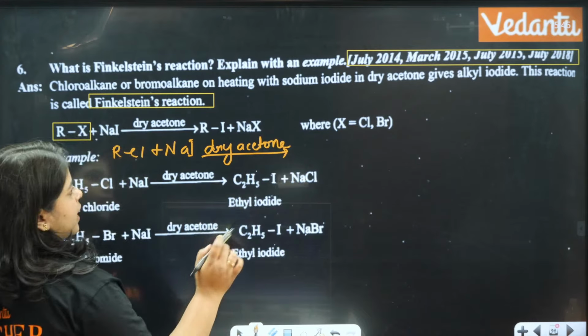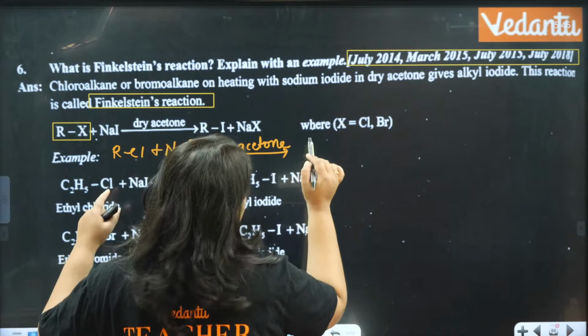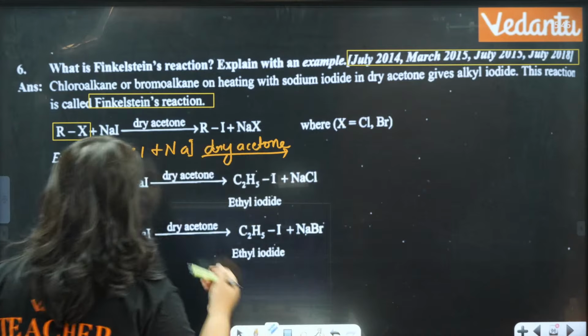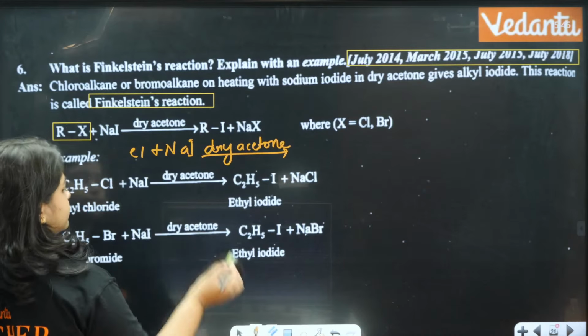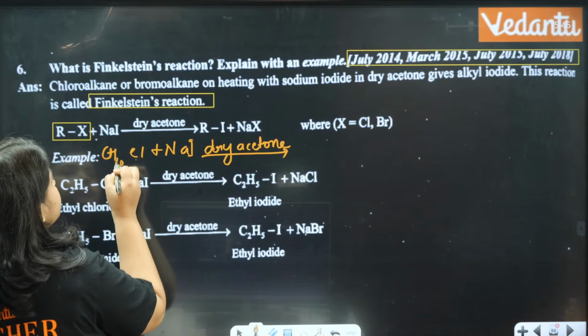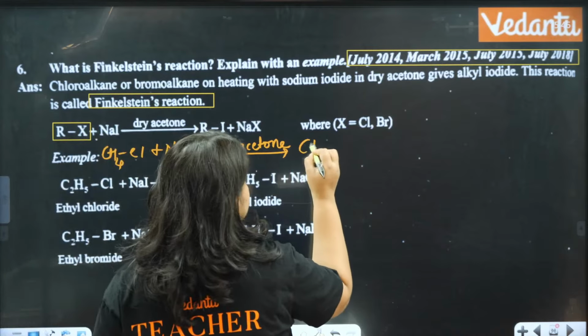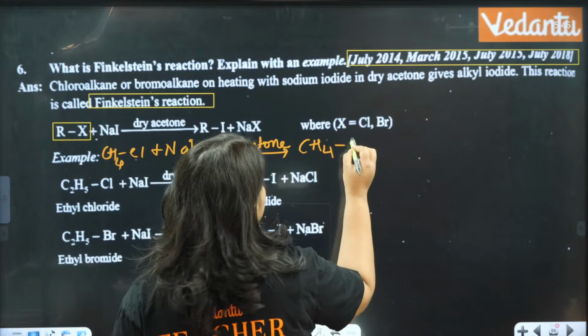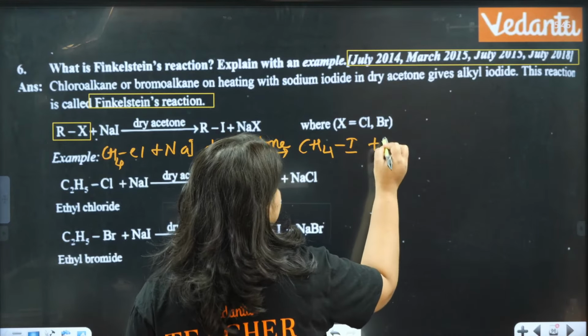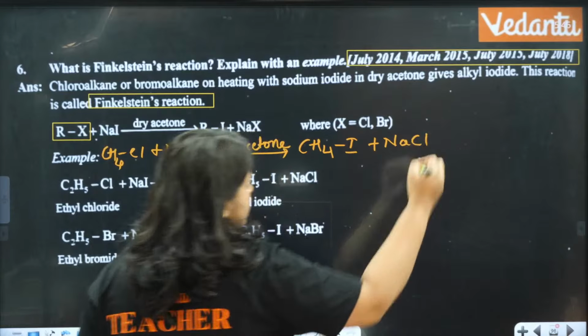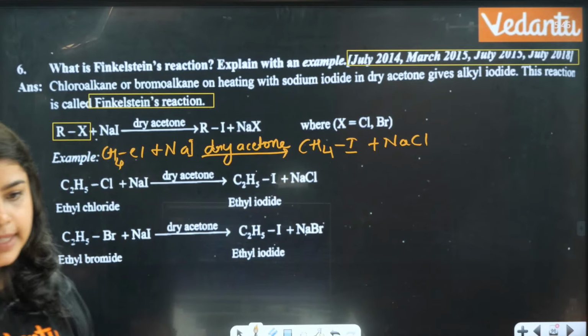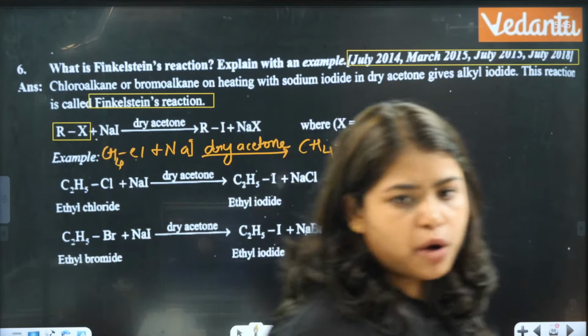so what are we going to get? In place of R, right now we have not taken anything, but I will take it. Okay, we take CH3: CH3I plus NaCl. Clear? NaCl. This is how the reaction forms.